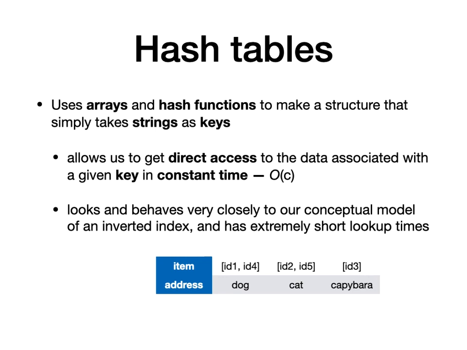There's no magic in computing. We have to pay the price somewhere. But it's great because it looks and behaves kind of exactly like the inverted index that we want, right? So instead of trying to search through the array, we can just give it the address, the key, dog, and get the postings in an instant, in a single step.